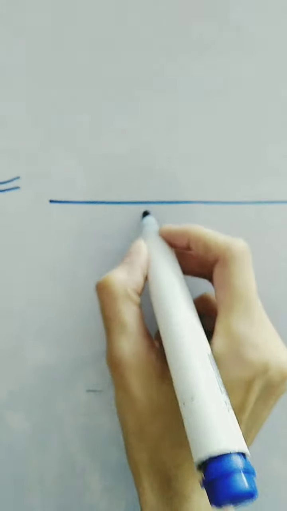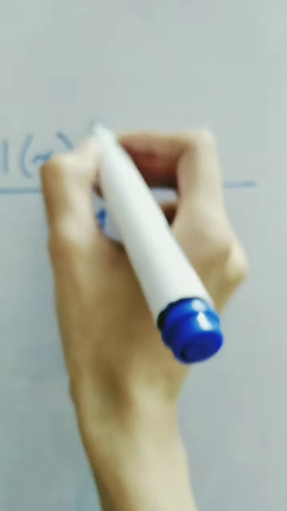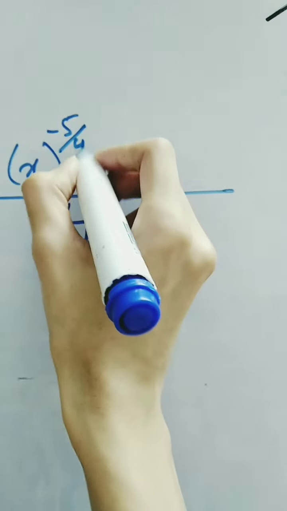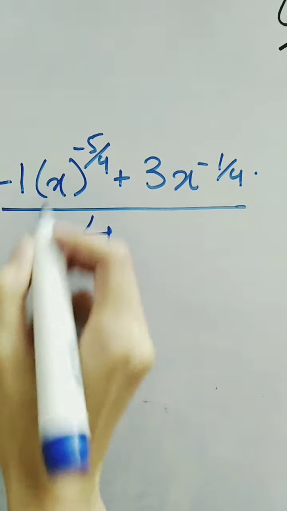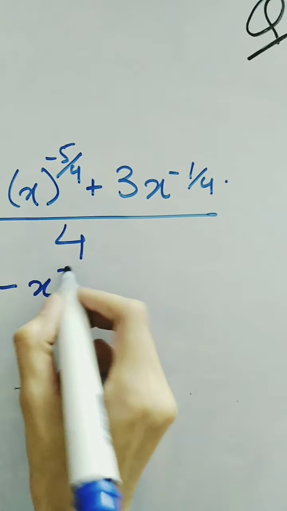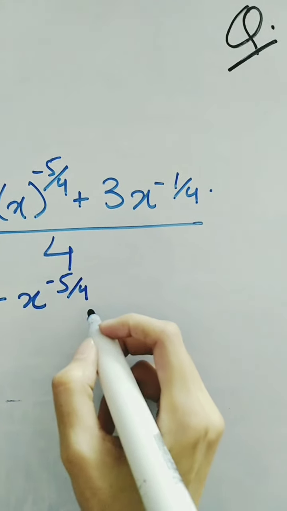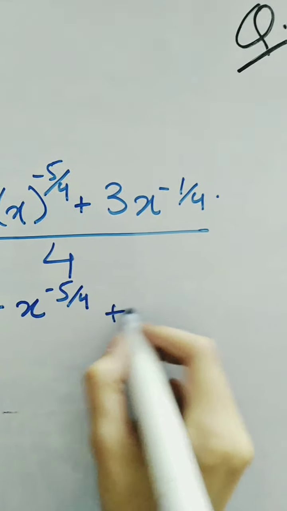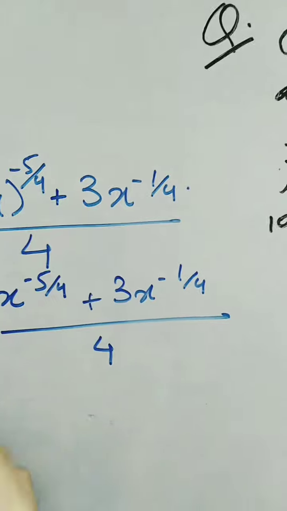Now we take the LCM, and we will have in the denominator 4, we have minus 1 into x raised to the power minus 5 over 4 plus 3 x raised to the power minus 1 over 4. This minus 1 multiplies with this x, and we will have minus x raised to the power minus 5 over 4 plus 3 x raised to the power minus 1 over 4, over 4.